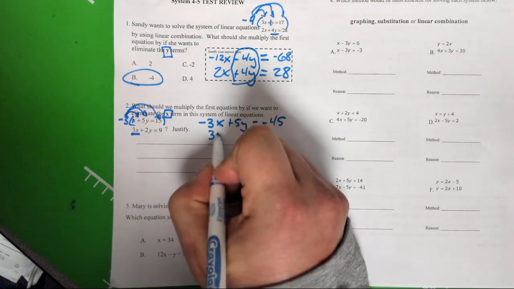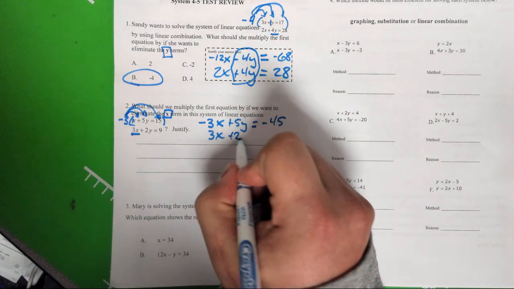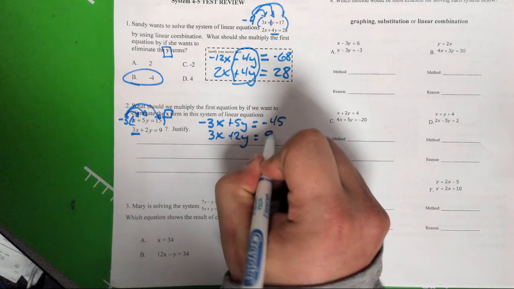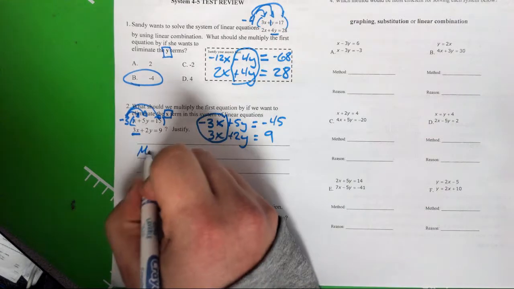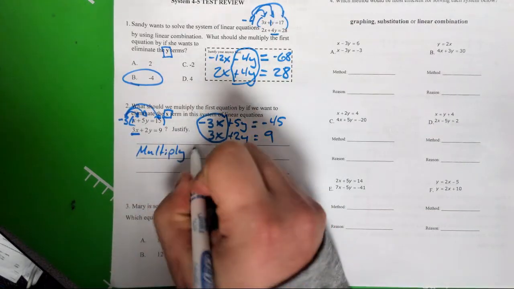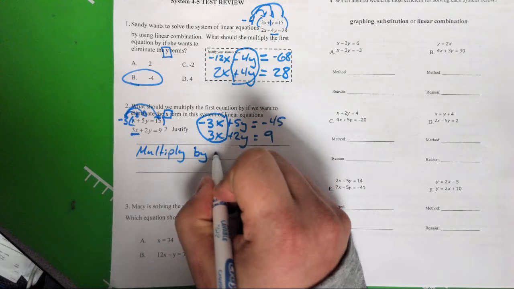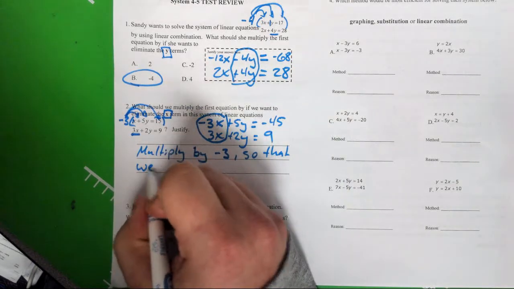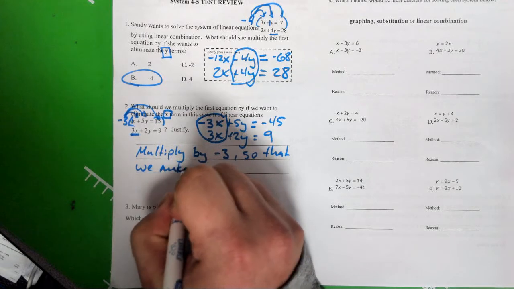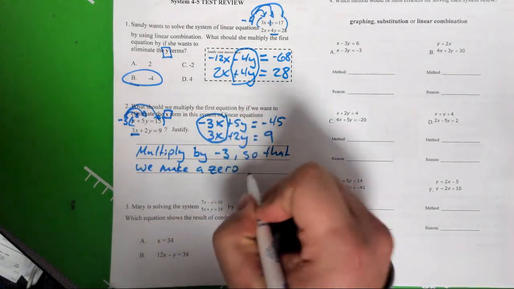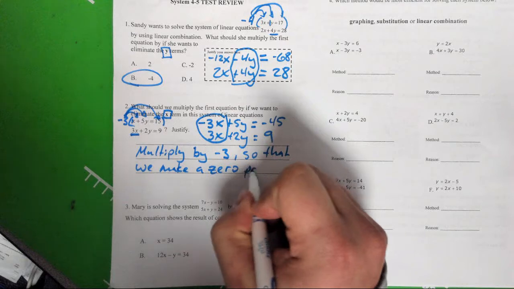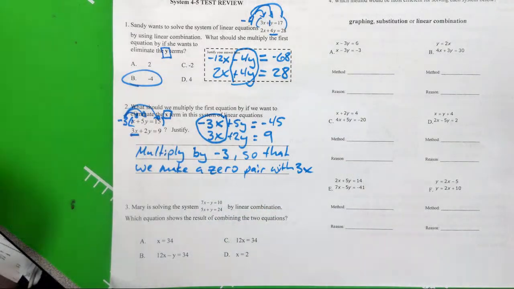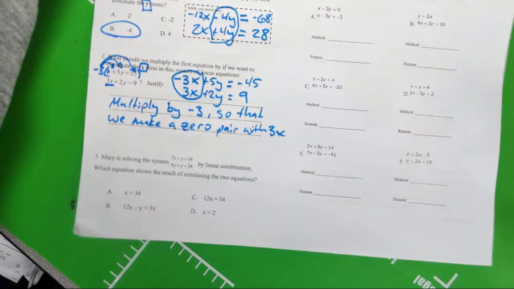And then this is just the same. There we go, there's our zero pair. So we'll say multiply by negative 3 so that we make a zero pair with 3x.